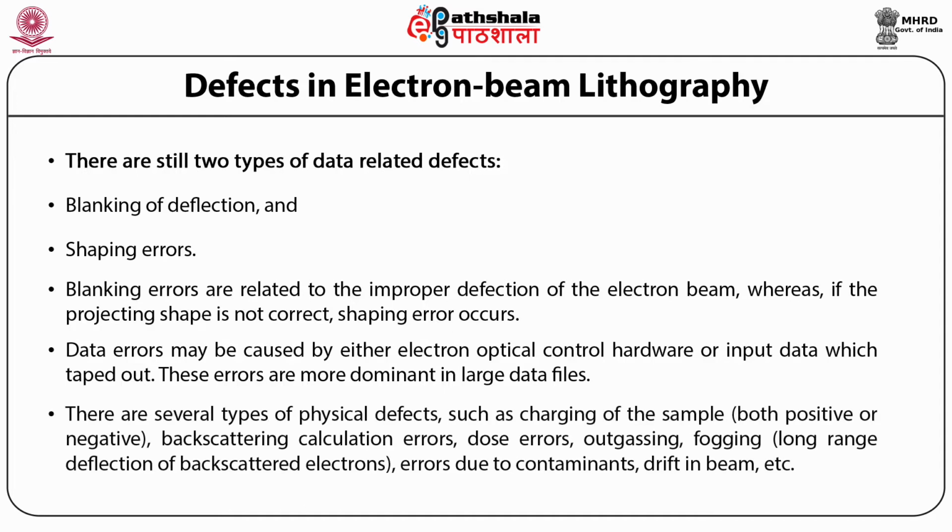There are several types of physical defects such as charging of the sample, which is either positive or negative, backscattering calculation errors, dose errors, outgassing, fogging, long-range deflection of backscattered electrons, errors due to contaminants, drift in beam, etc. Because E-beam takes a very long time for creating patterns, random errors are more frequent.